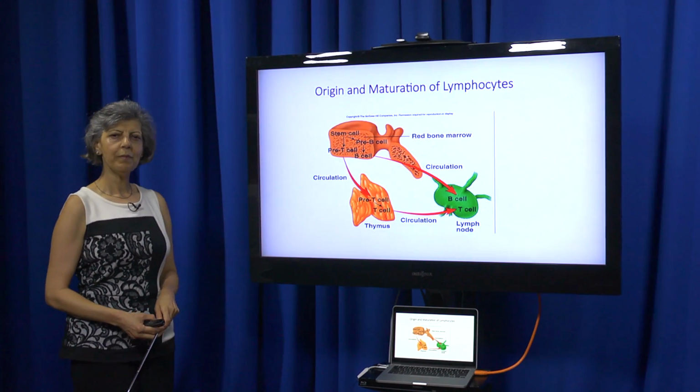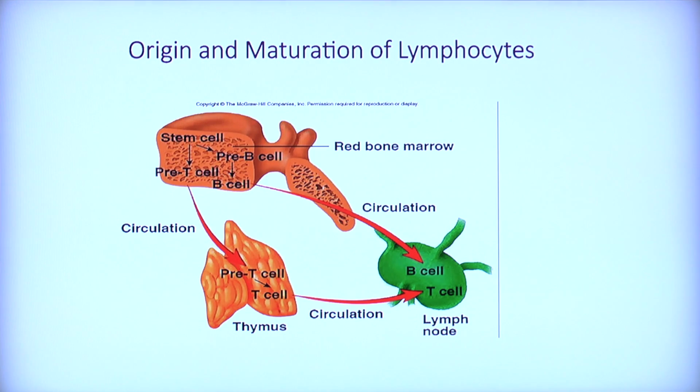Where do the B cells and the T cells come from? So we were talking about the adaptive immune system. The cells that will react are the B cells and the T cells. Where do they come from? So the origin of both the B cells and the T cells is inside the bone marrow. They are immature cells. They will mature in different places.